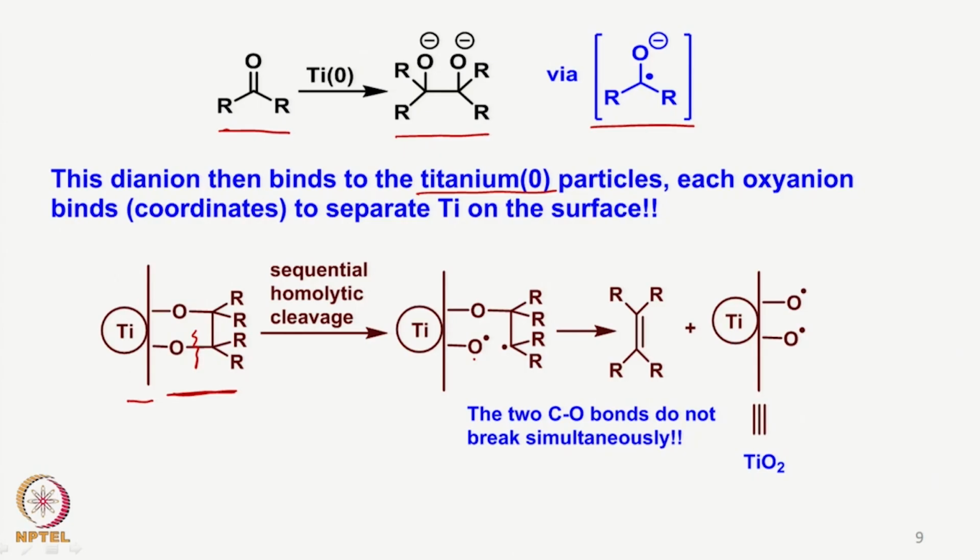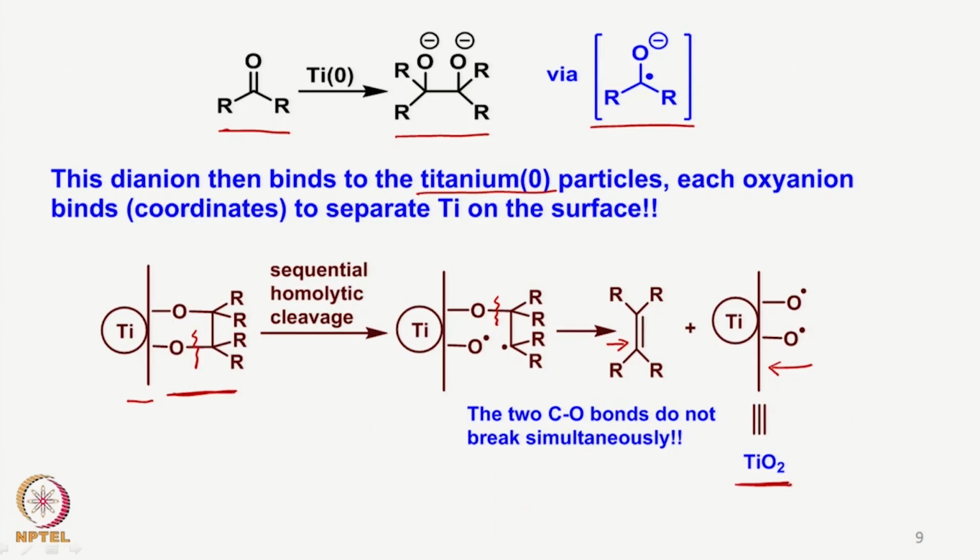In a similar fashion it will also happen on the other carbon oxygen bond, and they will couple to form the olefin. There is a CC bond formation, and the released oxygen, which is now sticking onto the titanium surface, basically leads to the titanium dioxide formation.